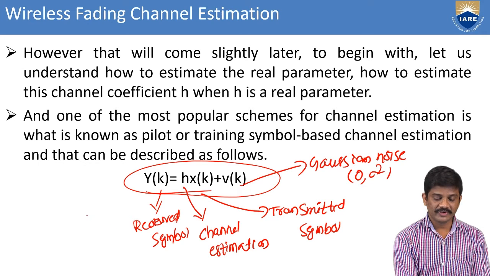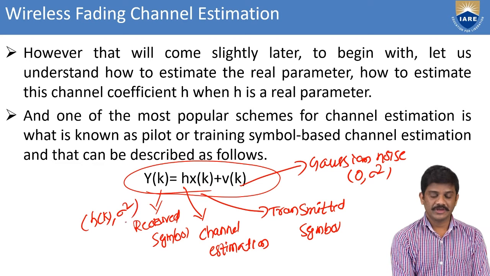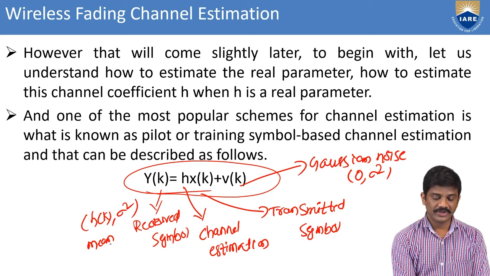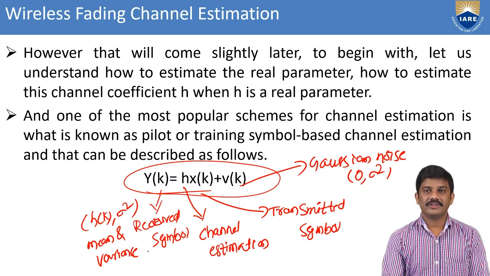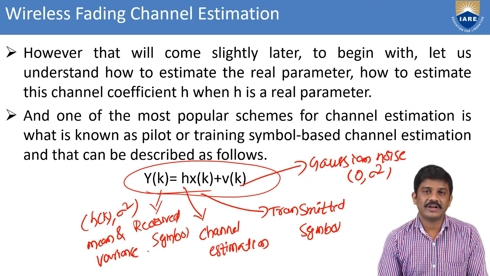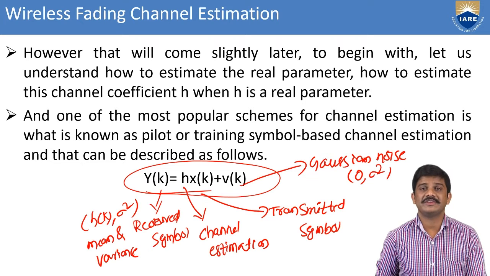Here we are having h of k and sigma square as the mean and variance for these received symbols. This is a scenario we can take for the training symbol based channel estimation.